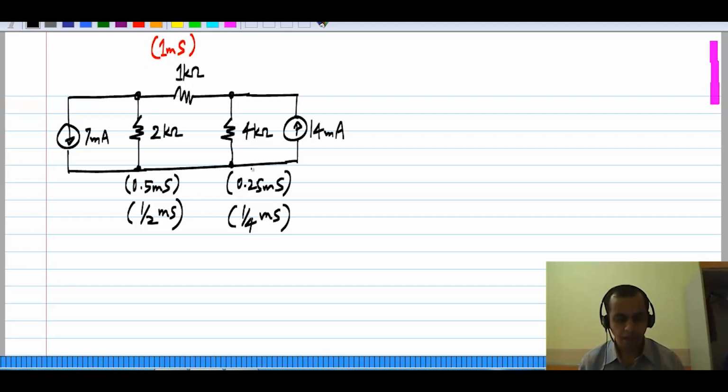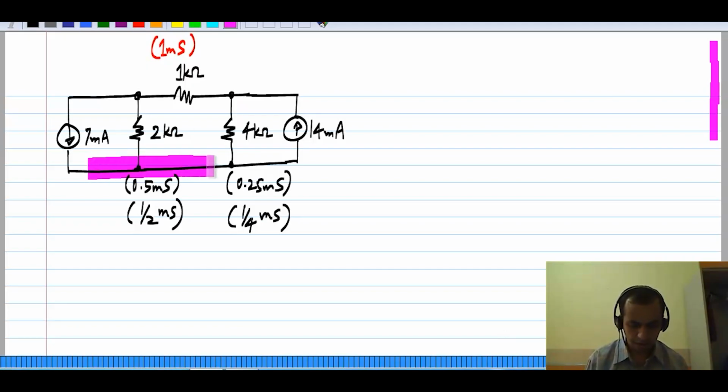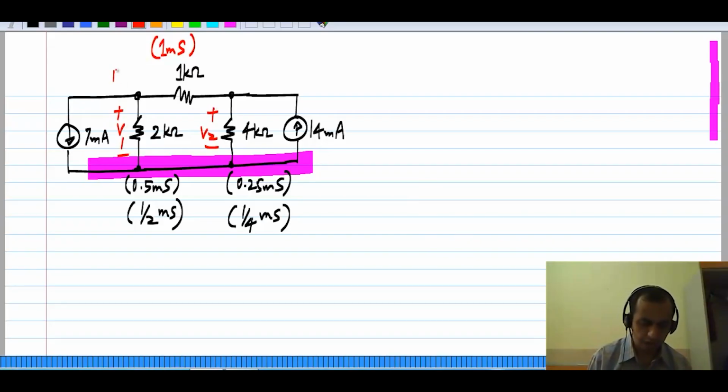Okay, now we need to set up nodal analysis equations, and let's choose this node to be the reference node. Okay, and I will solve for these voltages V1 and V2 at nodes 1 and 2 with respect to the reference node.